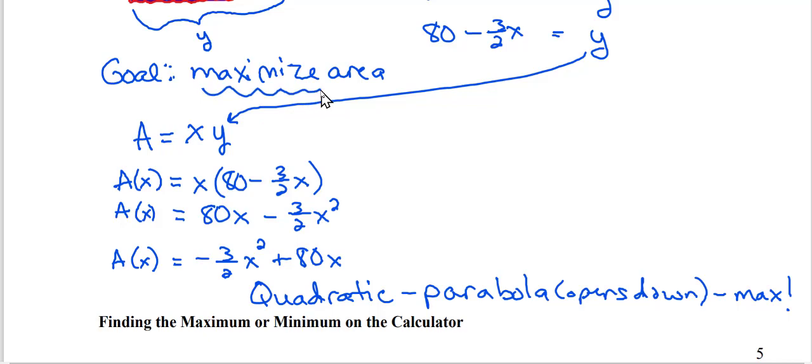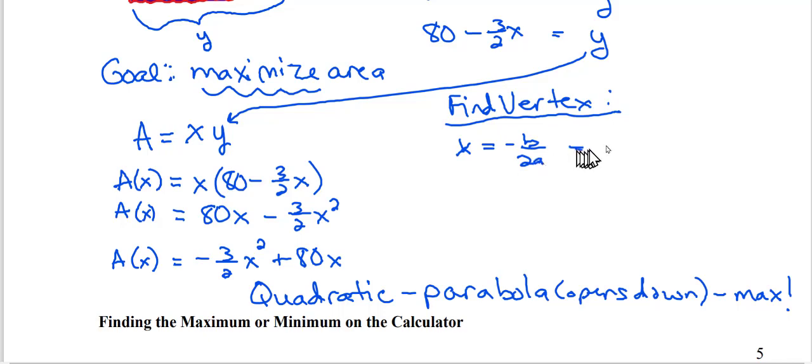We want to maximize the area. So let's find that. Find the vertex, because that's where the max will be. Let's find the x. It was, remember, negative b over 2a.